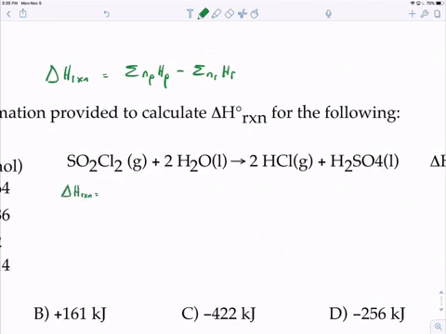Delta H reaction is going to be 2 times the HCl plus H2SO4 minus SO2Cl2 plus 2H2O.